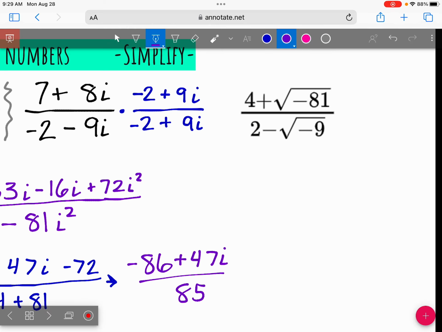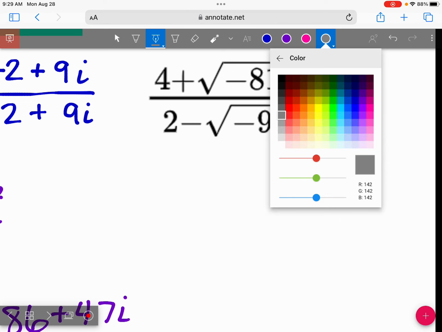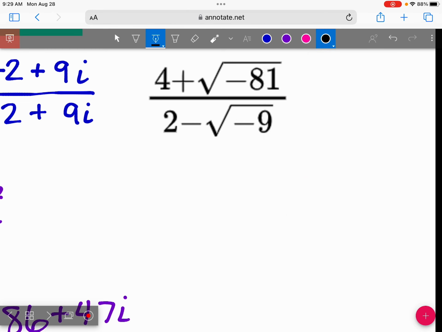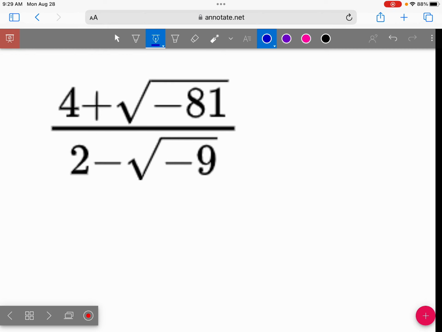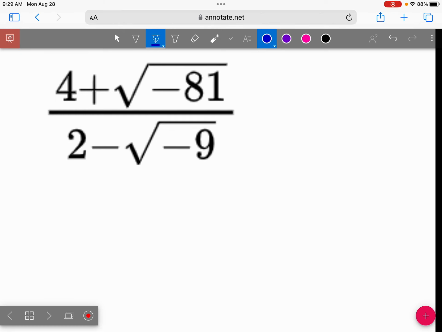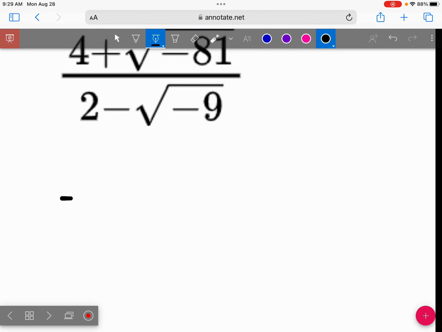One more like this before we kick it up a notch. But not in the imaginary number way, like regular kind of way. So we have 4 plus square root of negative 81 over 2 minus square root of negative 9. So this becomes 4 plus what? 9i.